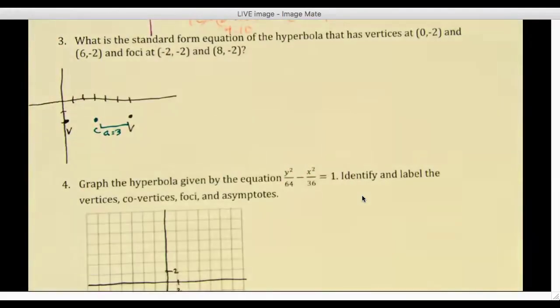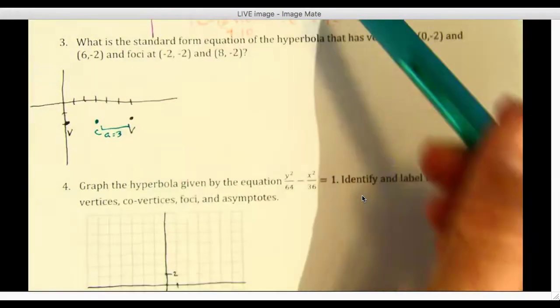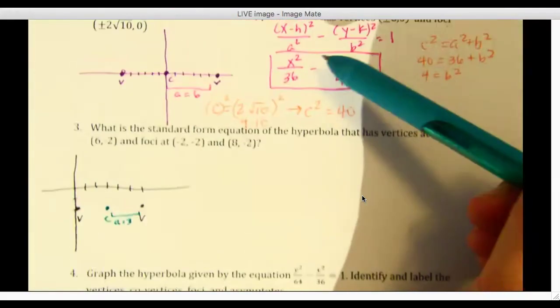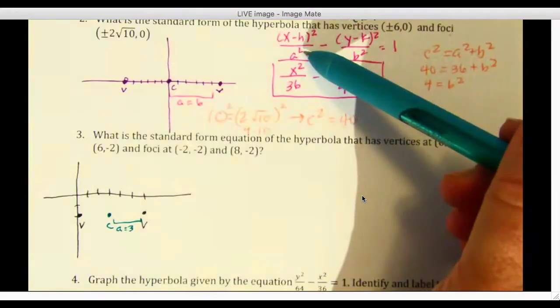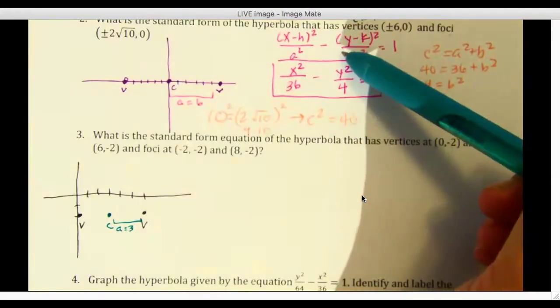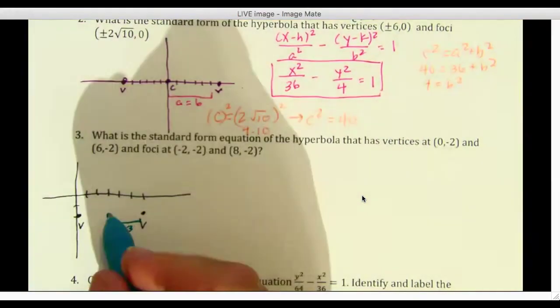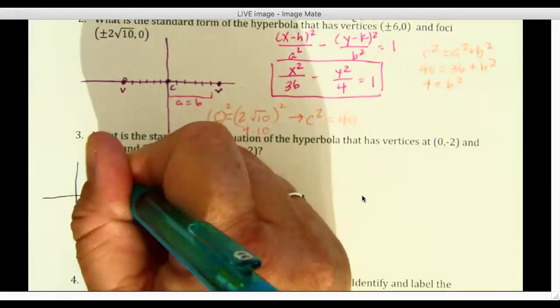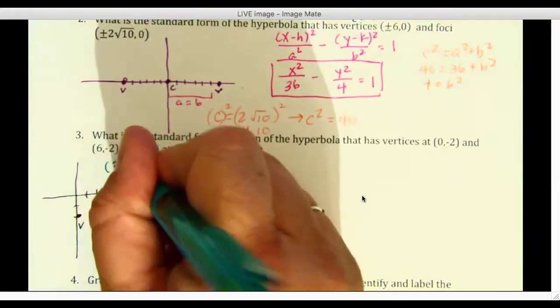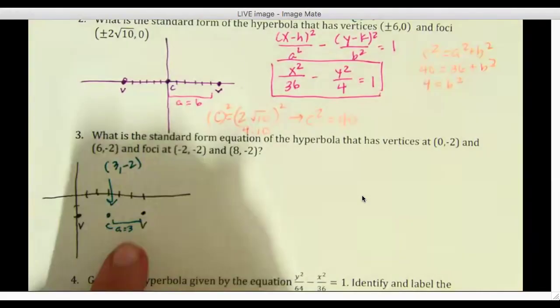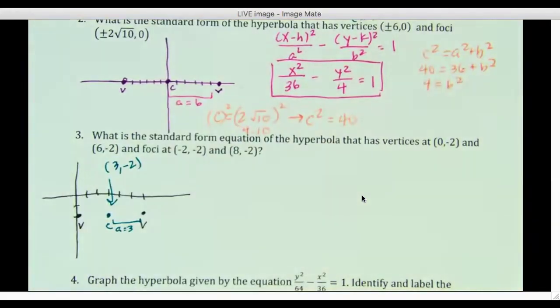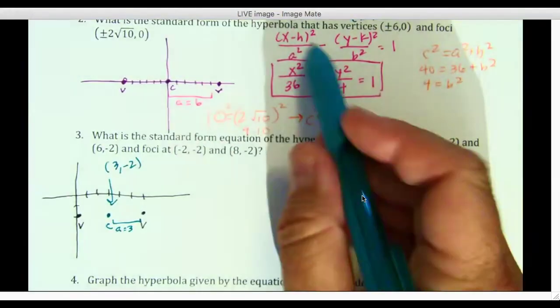And I can see that this is a horizontal hyperbola. So again, I'm using that same formula that I used in the previous example, x minus h squared over a squared minus y minus k squared over b squared. And I already know my center is at 3, negative 2. So I have my h and my k. I have my a value. I need to find my b squared value in order to plug in. So let's set up what we already know.